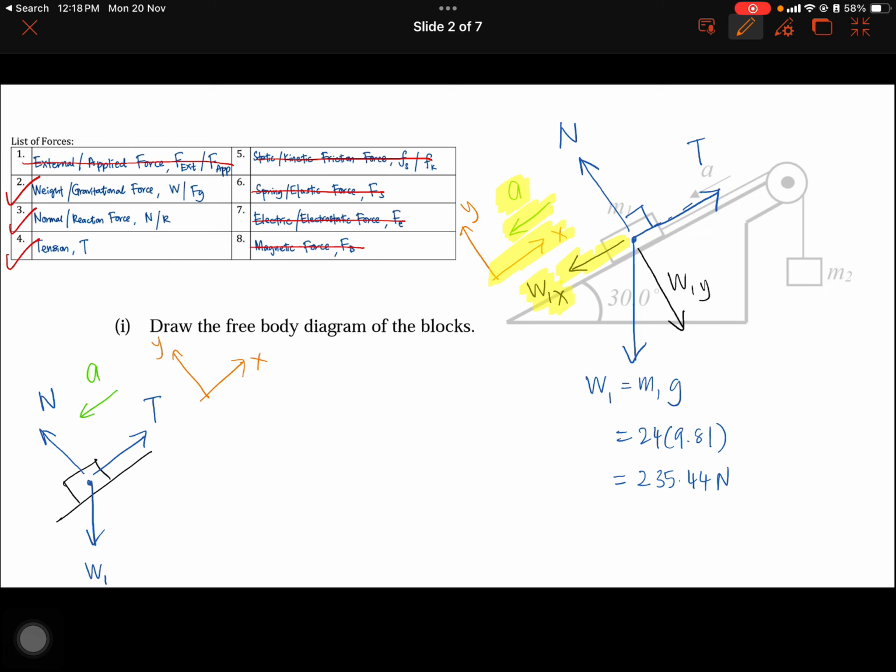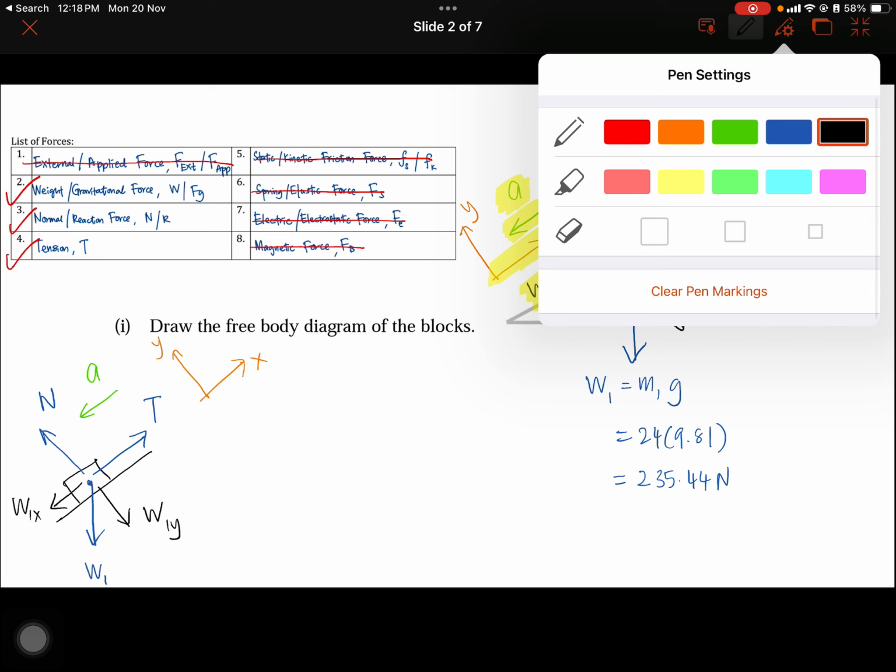So with that, we're going to draw another two forces for the weight, which are the weight on the x component and the weight on the y component. You have to resolve this according to the angle. For this one, we can check it is going to be 60 degrees. So we can put it here. I'm going to use a different color here.